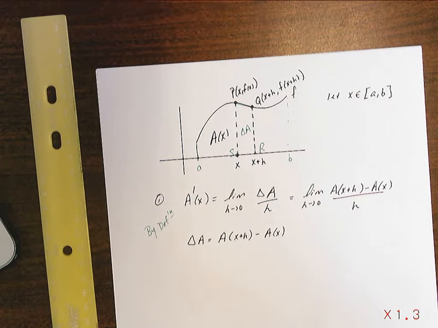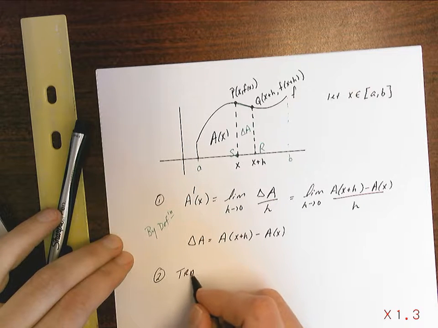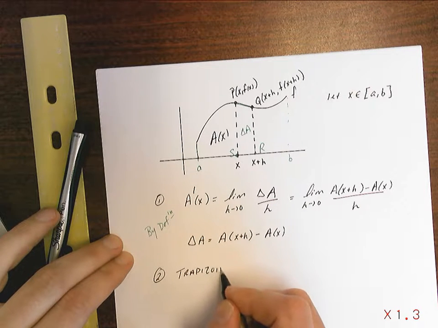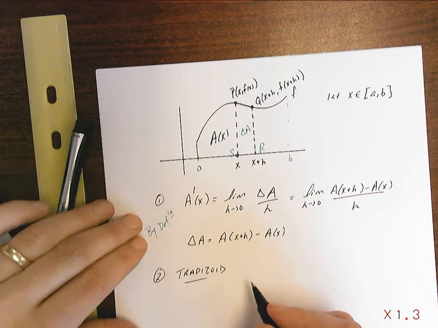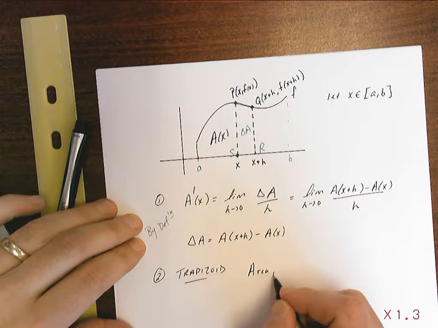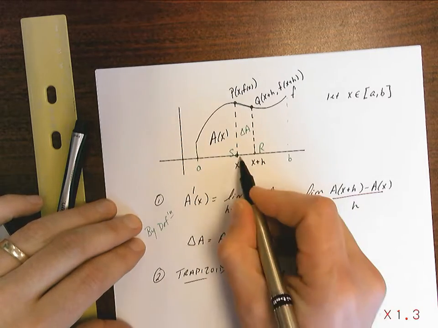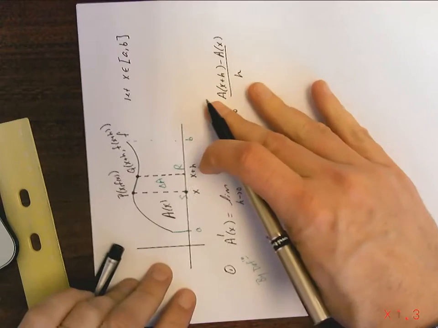Now, let's have another thought here. Let's look at this trapezoid. Now, the area of a trapezoid is going to be 1/2. Now, I'm going to look at this trapezoid this way. I'm going to fold it down.